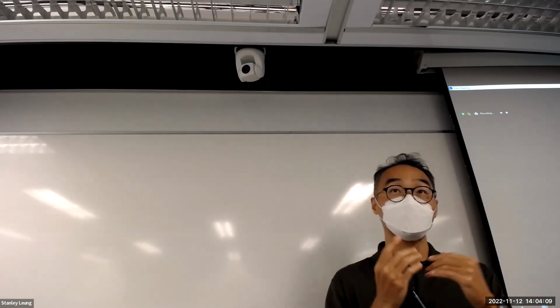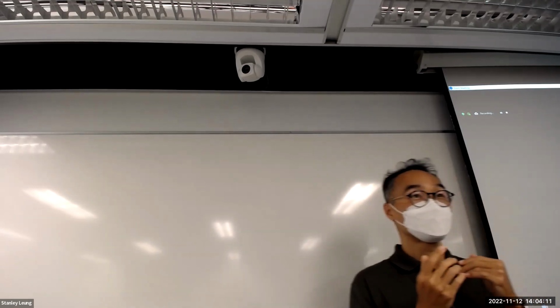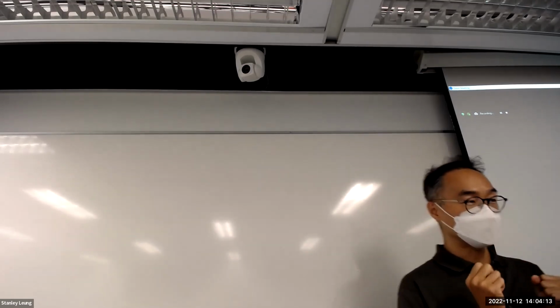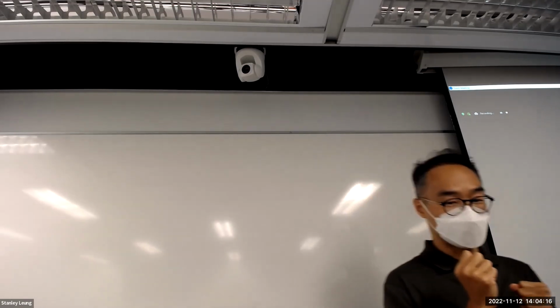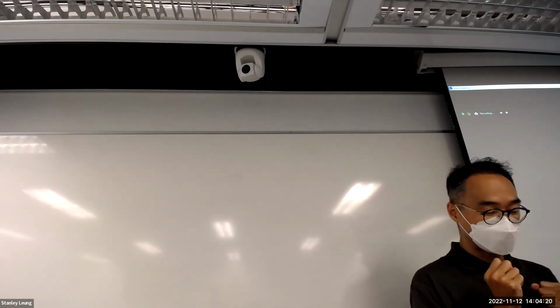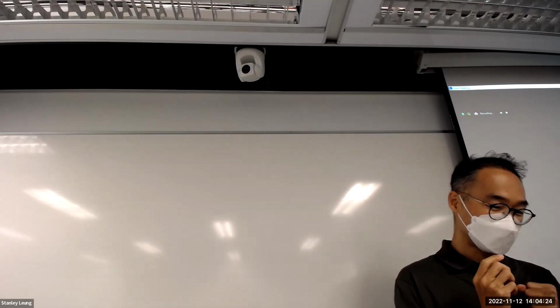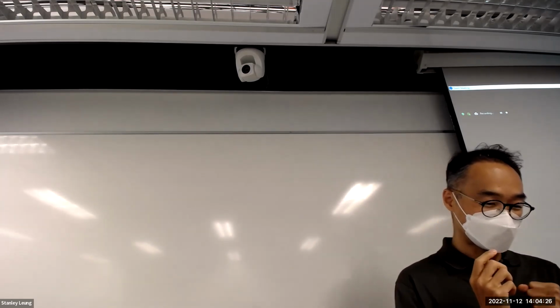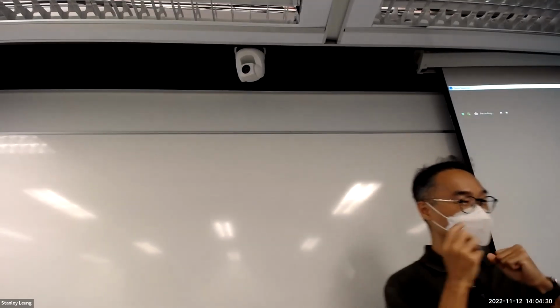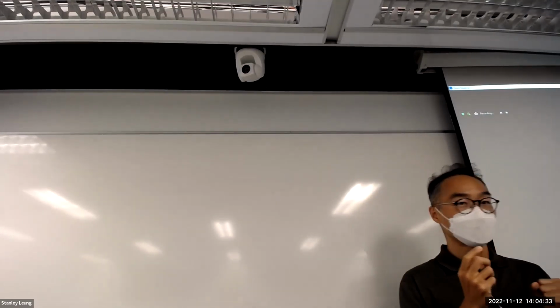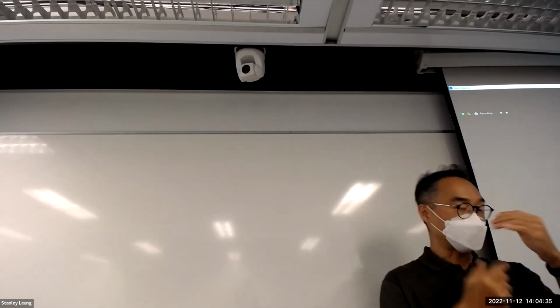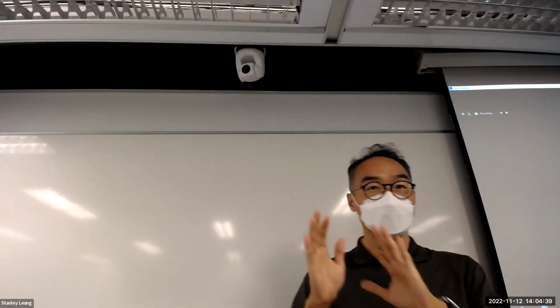Okay, so I try to finish up today. Actually, the concept for today, when I prepared, I think it is a little bit difficult to understand and a lot of math. But anyway, I tried.